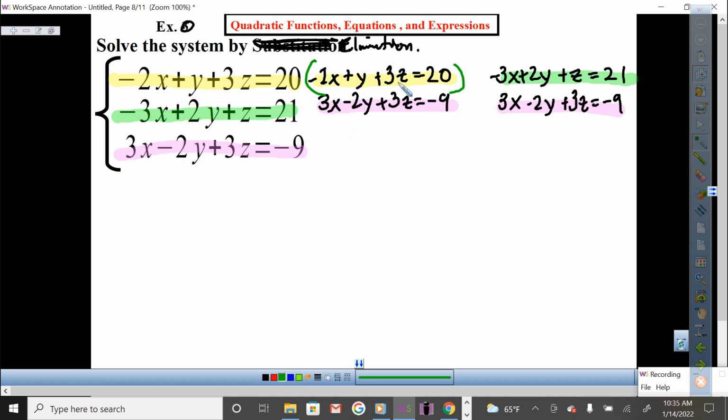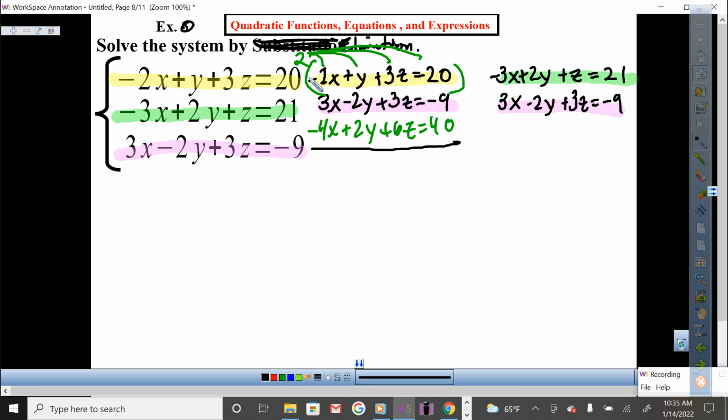So let's multiply times 2. Because this one's negative 2, so this one is positive 2, yes? Distribute, distribute, distribute, distribute. So that leaves us with negative 4x, positive 2y, positive 6z equals 240.